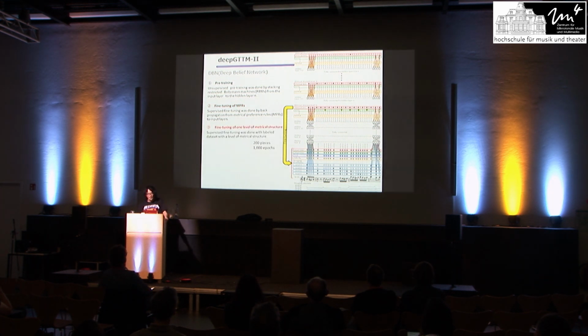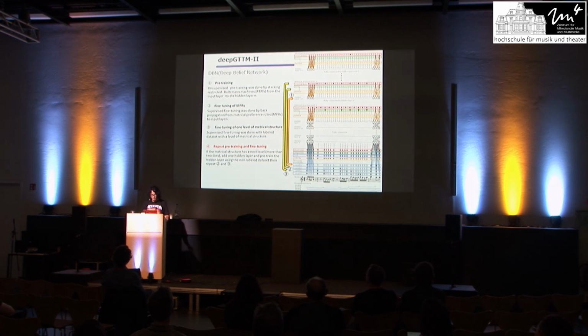Third, supervised fine-tuning was done with the label dataset with a level of metrical structure. And finally, if the metrical structure had a next level, add 1 hidden layer and pre-train the hidden layer using the non-label dataset, then repeat 2 and 3.